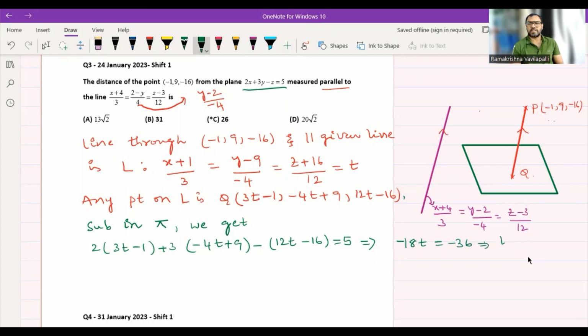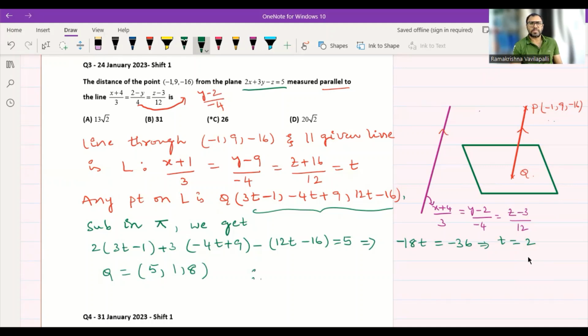So we get t value is 2. So we got the coordinates of Q by substituting the value of t. Therefore Q equal to 6 minus 1, 5, minus 8 plus 9, 1, 24 minus 16, 8. So these are the coordinates of Q, where the line through P and parallel to the given line meets the plane.